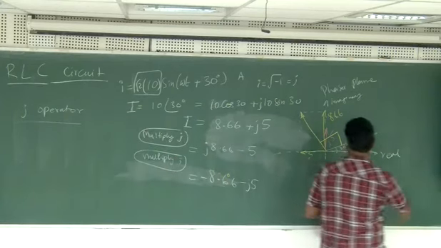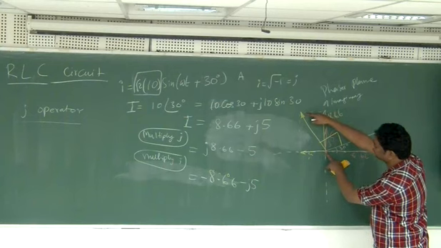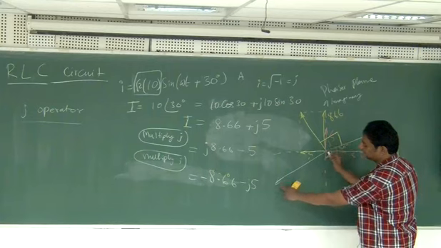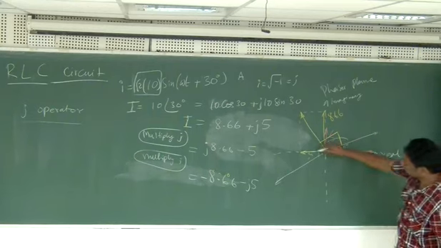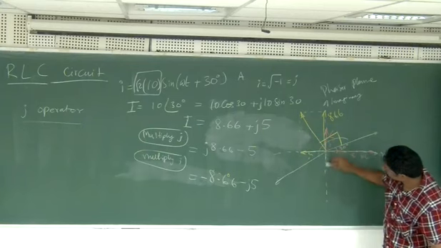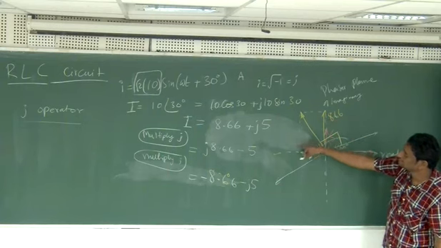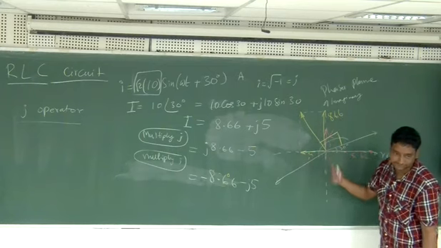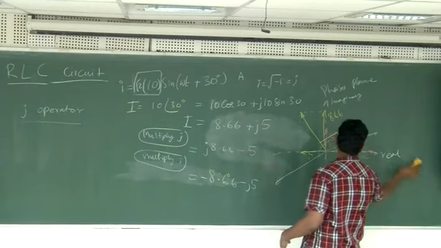So this is the original one. So rotate by 90 degrees you are getting here, rotate by 90 degrees, it will be exactly opposite to this. This is totally 180 degrees. Okay. So you can also see, this minus 5 will become minus J5, so you can see here, it will be downwards, and this plus J 8.66 will become minus 8.66. So I think you get the picture now. Okay, that's about J operator.